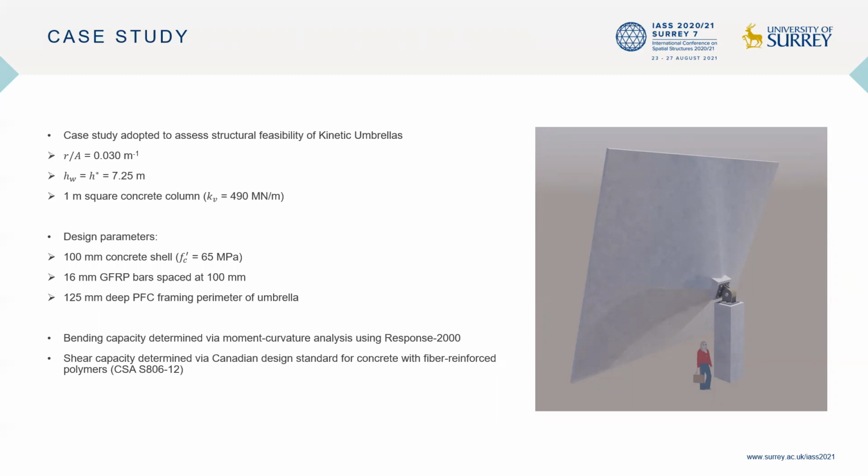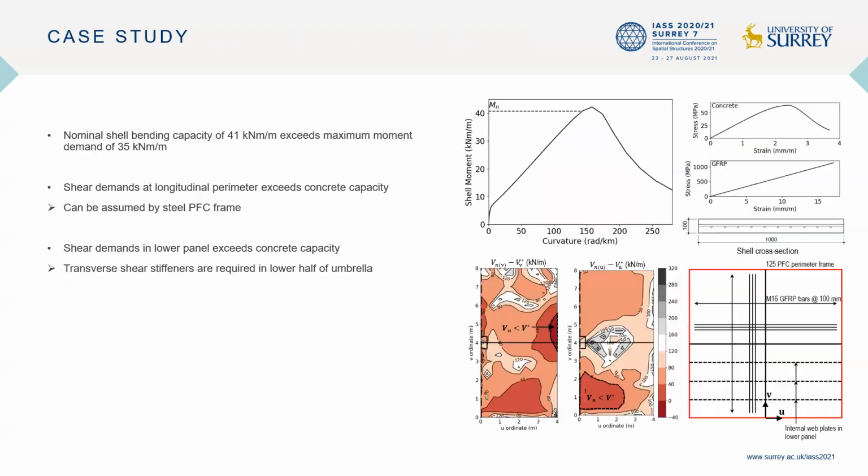The bending capacity was determined using Response 2000, while the shear capacity was calculated through the Canadian design standard S806-12. The results from moment curvature analysis demonstrate that the bending capacity exceeds that of the demand.